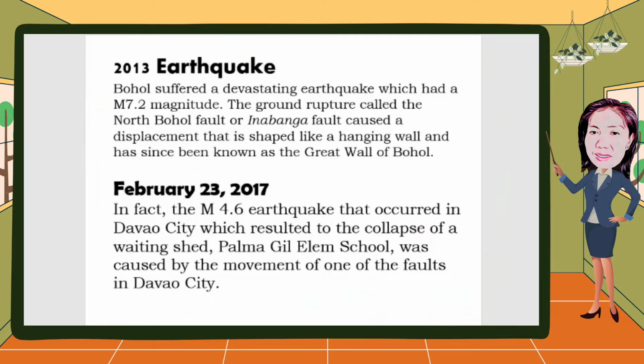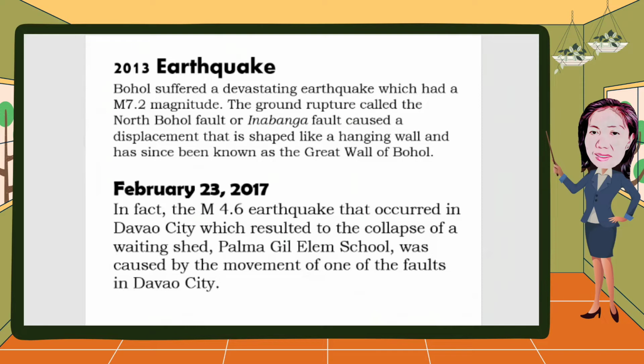So I only cited some of the common and recent earthquakes we experienced. One of these is the 2013 earthquake. Where did this earthquake happen? It's in Bohol. During that earthquake, Bohol suffered a devastating earthquake with a 7.2 magnitude.